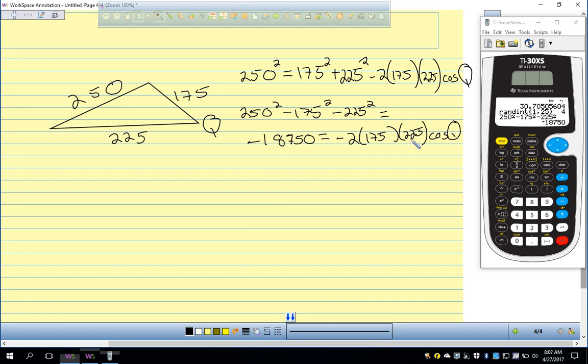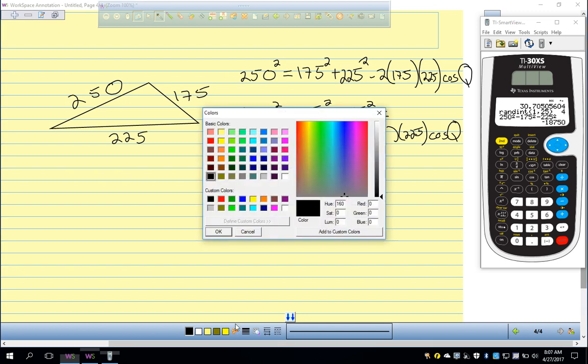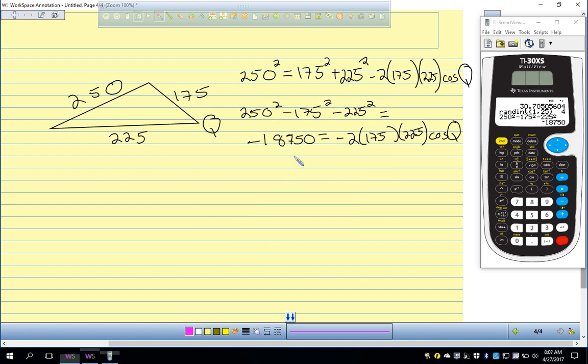You have to divide everything on here into here, right? So now I'm going to divide both sides by negative 2 times 175 times 225.